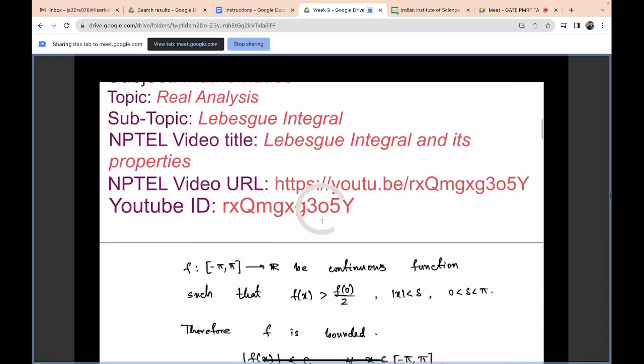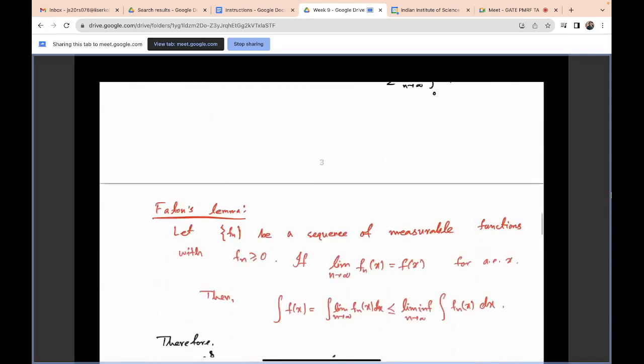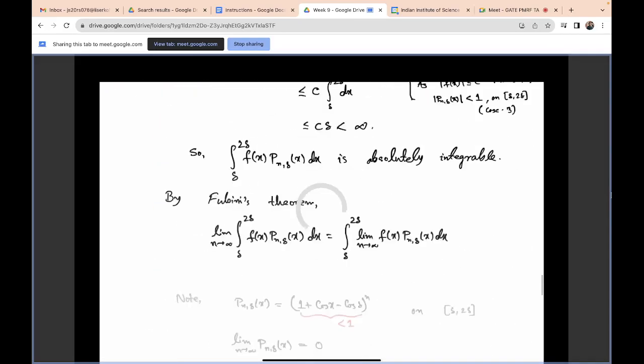And option B is similar, so let me tell how you can do this.